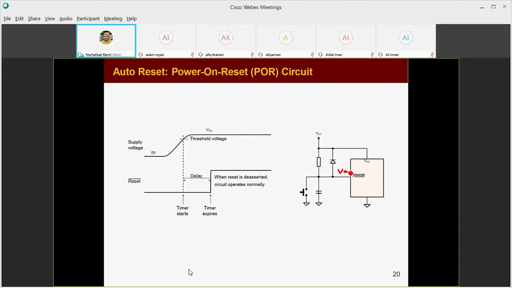That means under normal condition, your output will always be high, which is what you want. But once you press this button, it will give you low, and when you release, it will go to 1 all the time. So you just do this only once, like a start, to start the FSM.